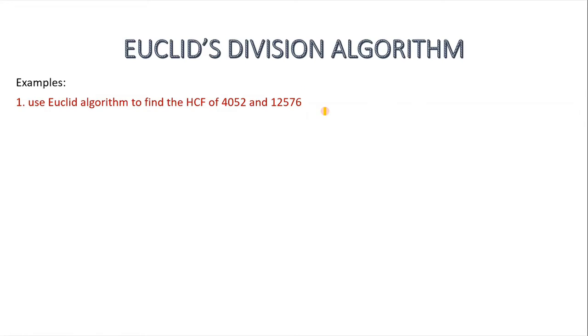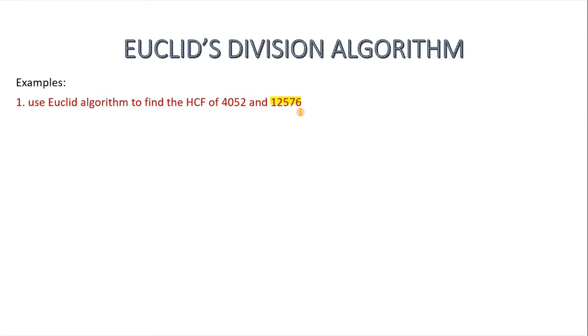Okay. Before finding the HCF, what do you have to do? We have to identify which is the larger number in the given numbers. From these two numbers, I can easily find that 12,576 is the larger number when compared to 4,052. So I want to write this larger number in terms of the smaller number as divisor times quotient plus remainder.